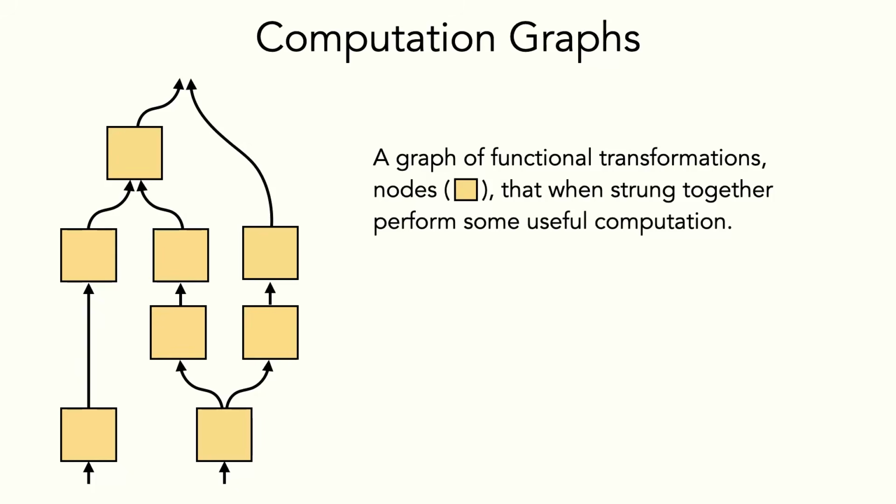So intuitively, maybe this is some sort of decision tree, right? That's a very simple version of a graph of functional transformations. So maybe I'm saying, all right, I'm going to try to make it to the classroom. So I'm going to go into a building, and then maybe on the right, you've gone into building 45, which is correct, and on the left, you've gone into building 32, which is incorrect.